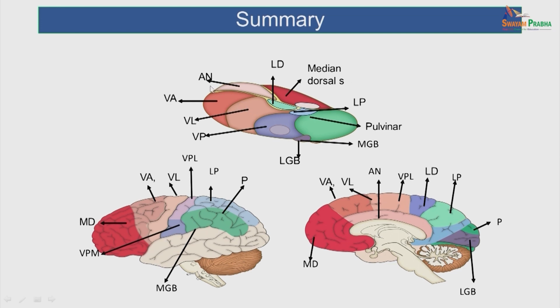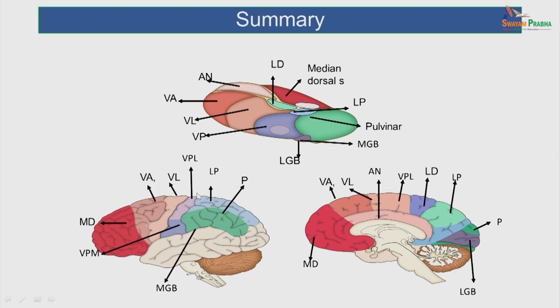The ventral anterior and ventral lateral are connected to the associated motor areas on both surfaces of the cerebral cortex.